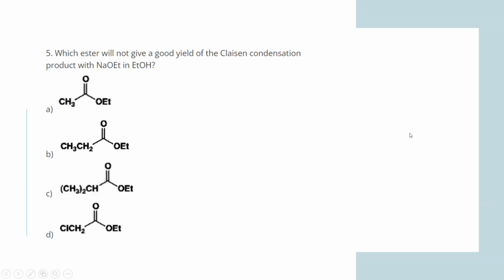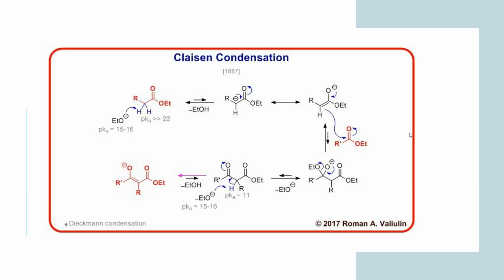So we started with this reaction: which ester will not give a good yield of the Claisen condensation product with sodium ethoxide in ethanol. To solve this question, we went through the Claisen condensation reaction mechanism, and we saw that to get a good Claisen condensation reaction, you need strongly acidic protons alpha to the ester.